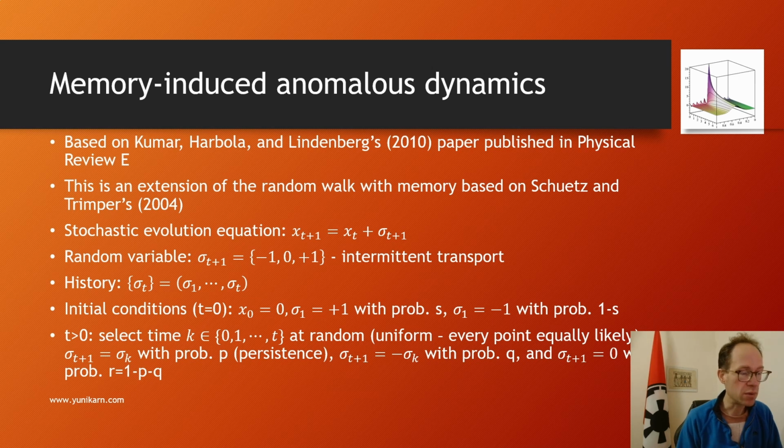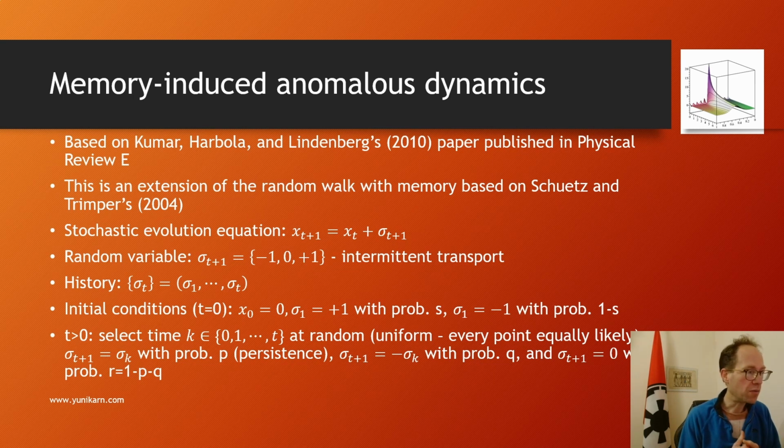The random variable sigma_{t+1} takes 3 values, so that's the innovation compared to the elephant random walk model. So we include the 0 in this case, which means it's an intermittent transport, so basically nothing is changing. Now by including this option, the option that the system is at rest, many interesting features can be obtained.